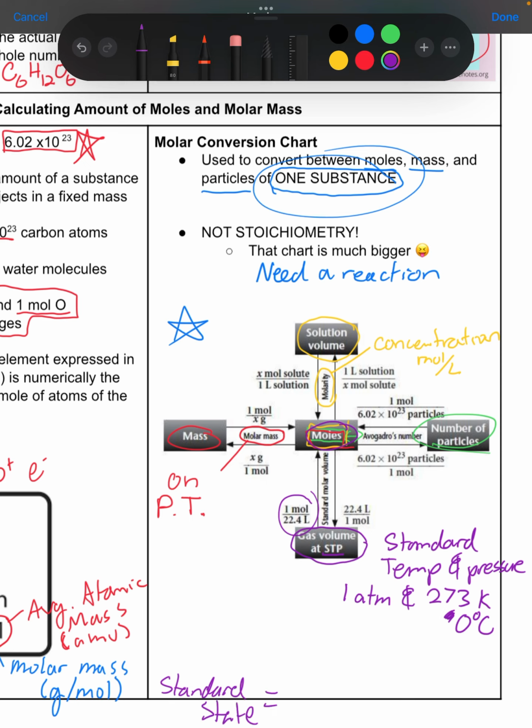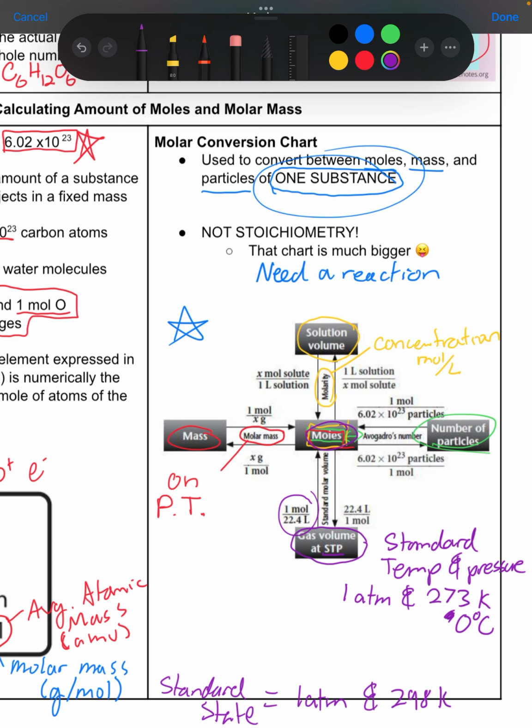That is going to be roughly 1 atmosphere of pressure still, but it's going to be at 298 Kelvin. And it occurs at 298 Kelvin because that's about 25 degrees Celsius, which is roughly room temperature. There's a little bit of variation there, but it's considered 298 Kelvin as standard state.